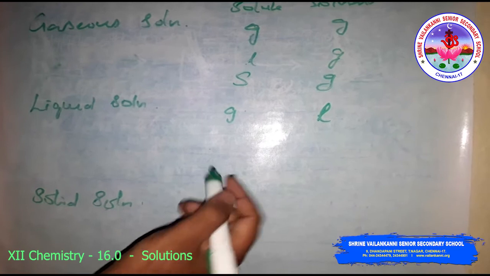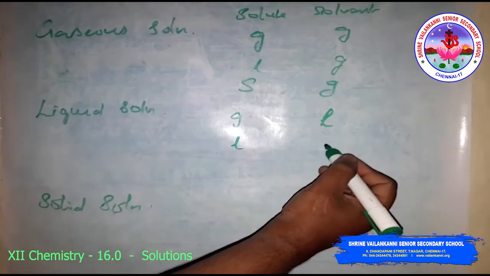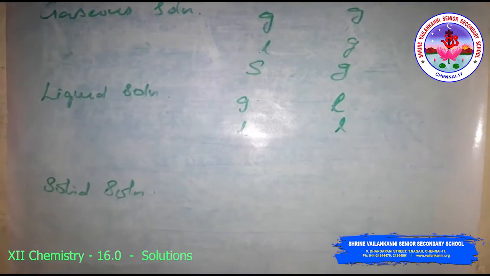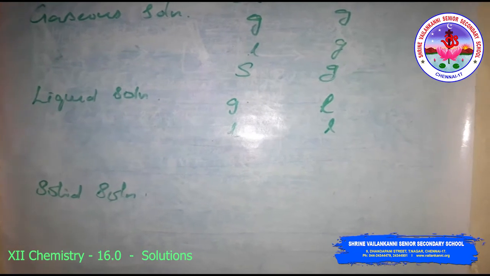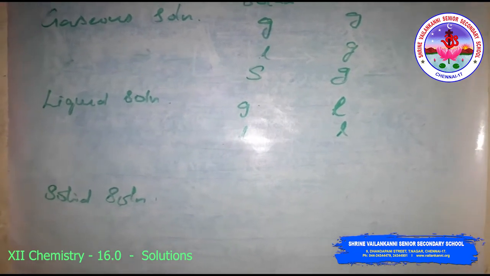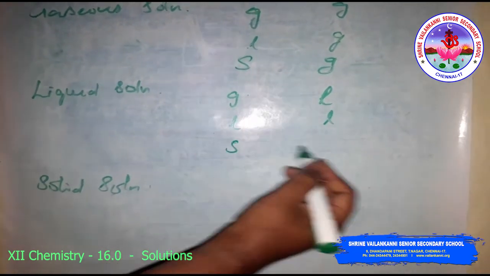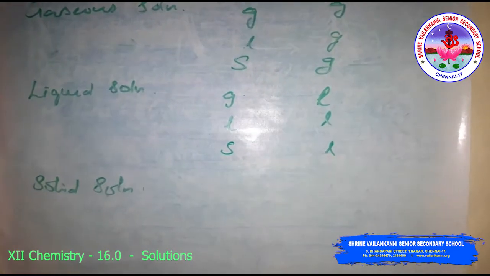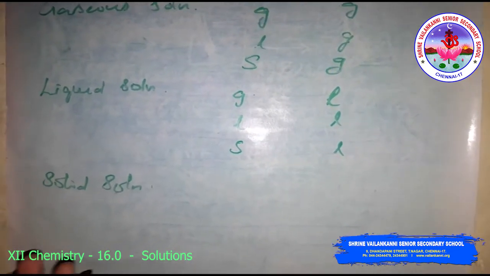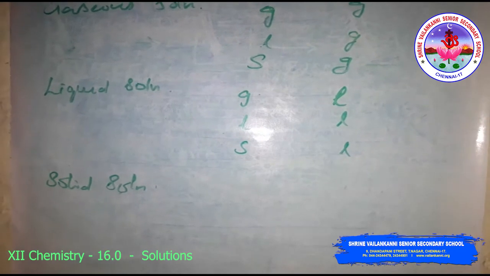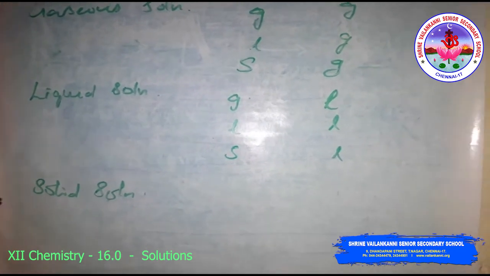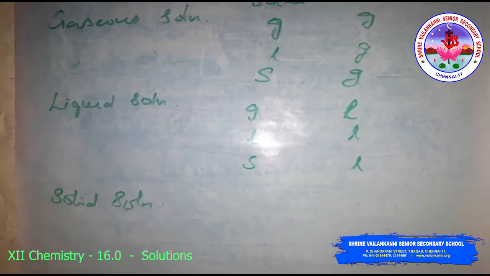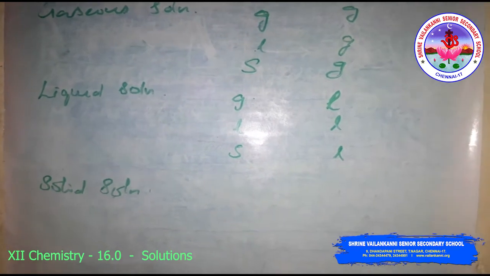Then the solute is liquid and the solvent is also liquid, that is ethanol dissolved in water. Then the solute is solid and the solvent is liquid, here glucose or common salt dissolved in water. These are the examples of liquid solution.